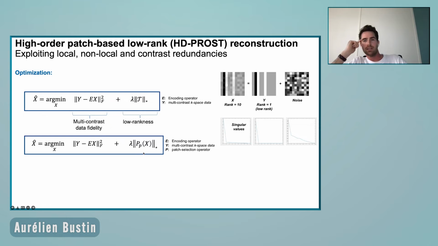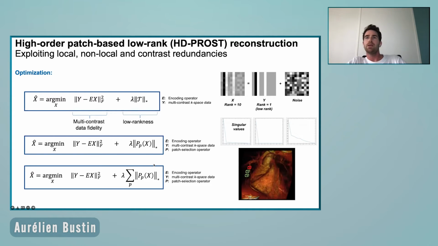The T is nothing else than a patch selection operator that works on the image that we want to recover, the image X. The little p that you see there is just the reference patch. You are going to look for patches that are similar to this patch p.